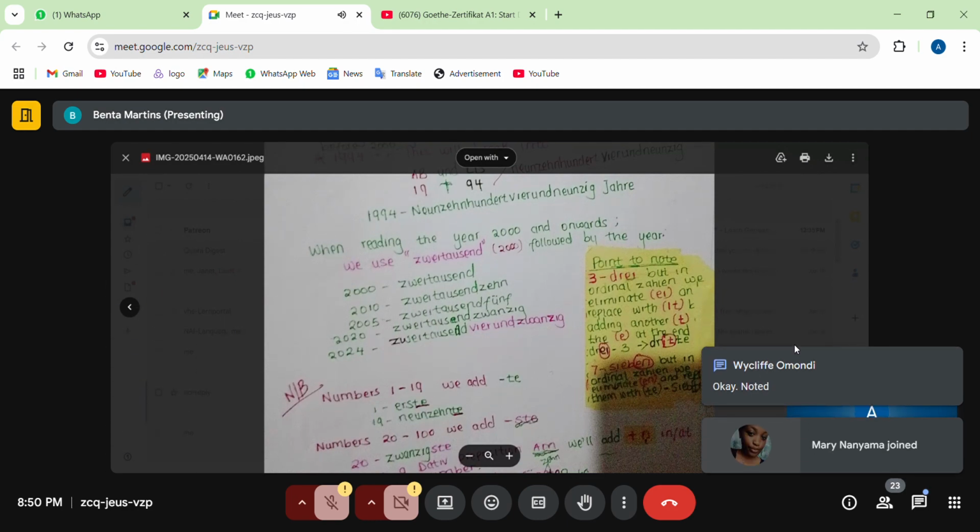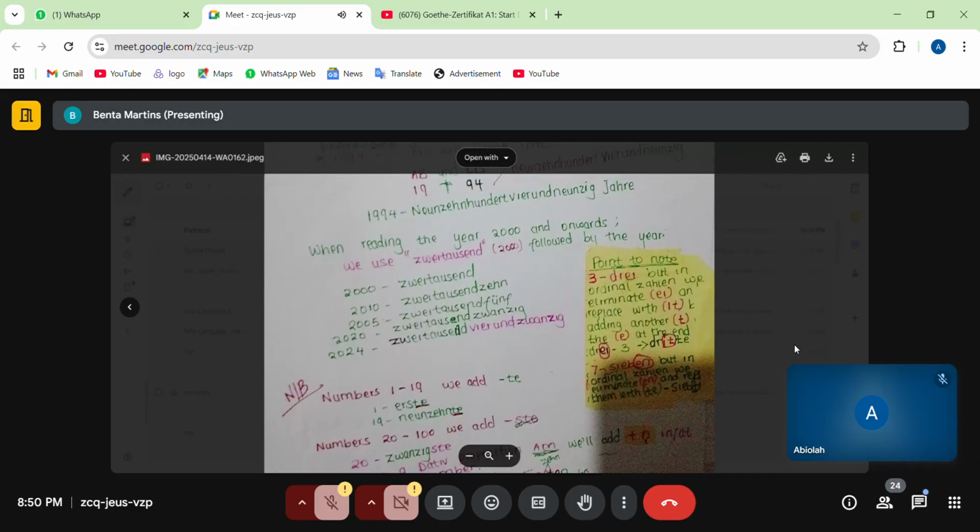So we have a point to note. Numbers: drei. We have the ordinal numbers and the cardinal numbers. The cardinal numbers are like 1, 2, 3, 4, 5.